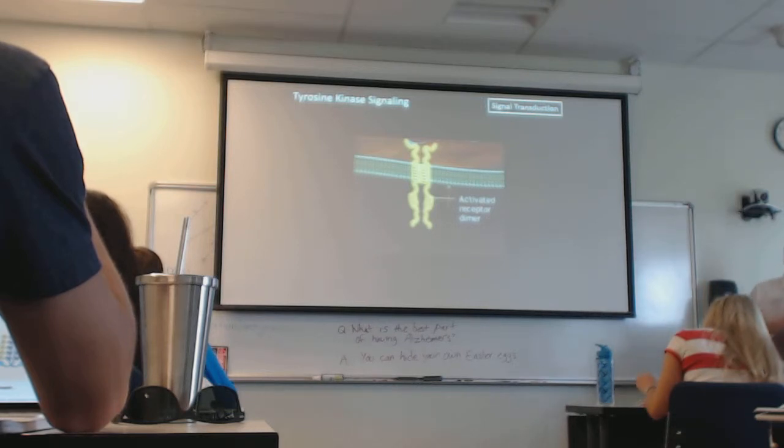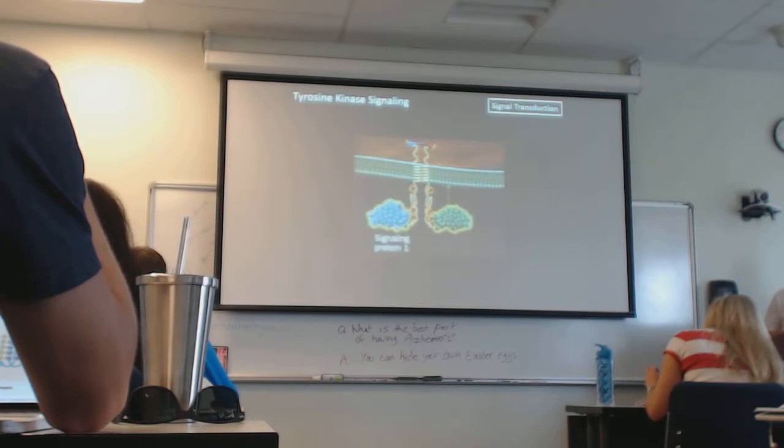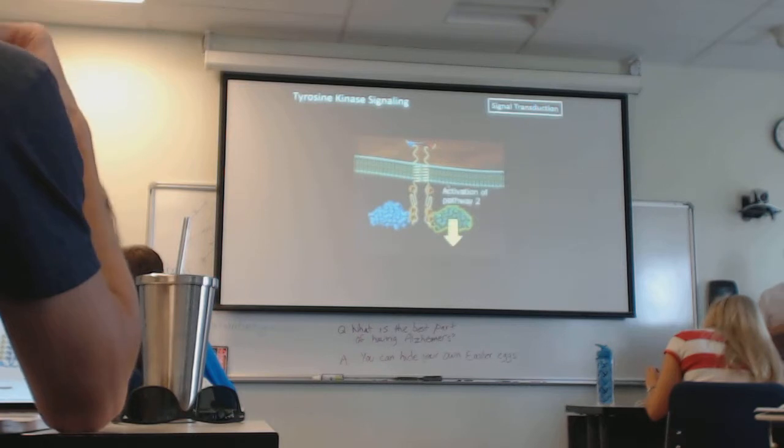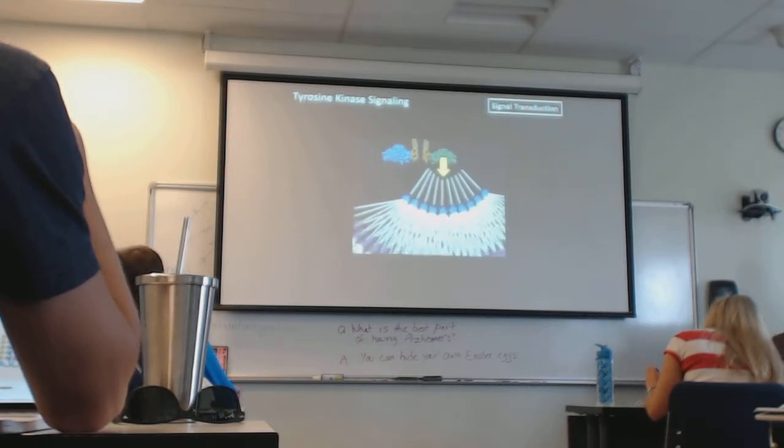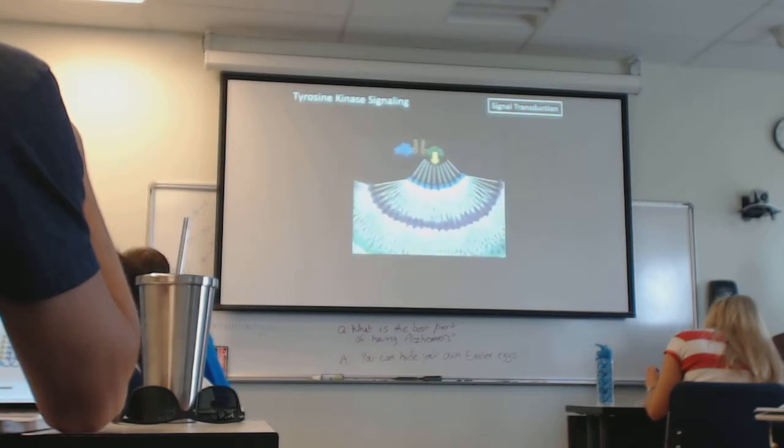The activated receptor then autophosphorylates tyrosines in its intracellular domain. The phosphotyrosines are binding sites for intracellular signaling proteins, which in turn can activate other downstream proteins. An exponential signal amplification occurs for each growth factor molecule binding the receptor tyrosine kinase.